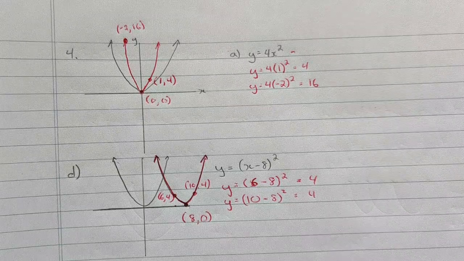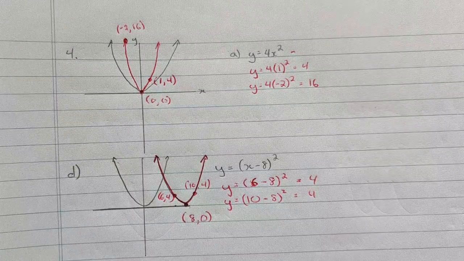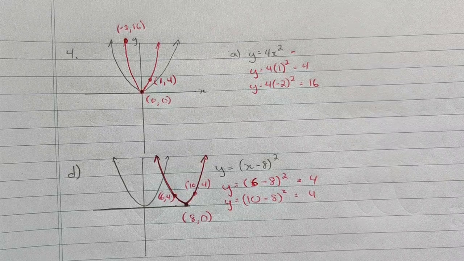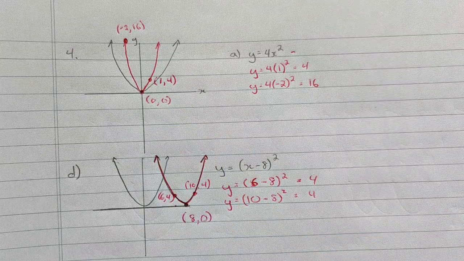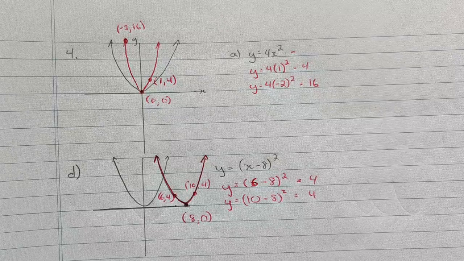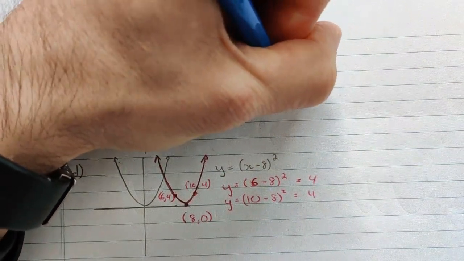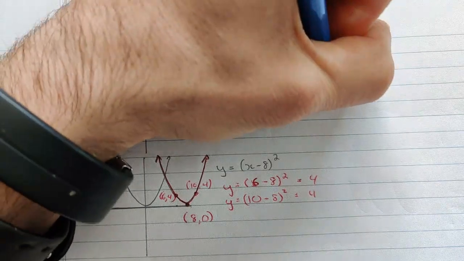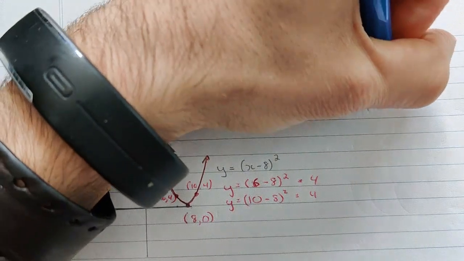Okay. At question number... Oh, sorry. We missed one part, and that was to describe the change. In the case of 4A, the change was that the graph stretched by 4.